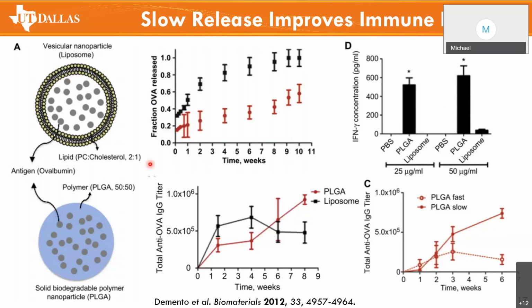That's the reason why PLGA nanoparticles, or microparticles at least, since they kind of embed like an implant and then slowly release, is why we see this enhanced immune response. It just depends, and there are also toll-like receptors and all these other things that you can target as well that could probably enhance your immune response.